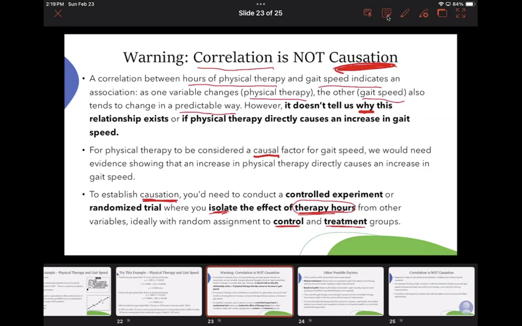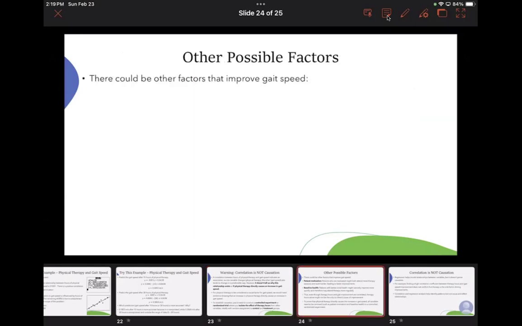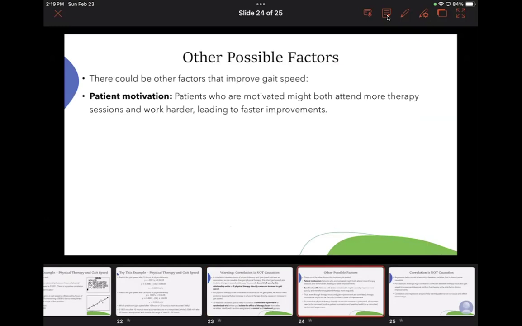So that is a very carefully controlled experiment where you can show causation, but a correlation alone does not show that. There are other factors that could contribute to an increase in gait speed that are outside of this data and perhaps may have had an influence on the increase.